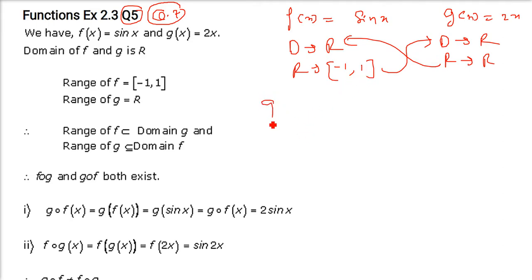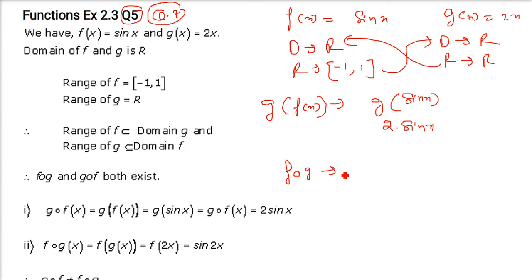So let us find out gof first. g of fx means g of sin x. So put sin x here, and you get 2 into x as sin x, that is 2 sin x. Now fog x means f of gx, and gx is 2x.